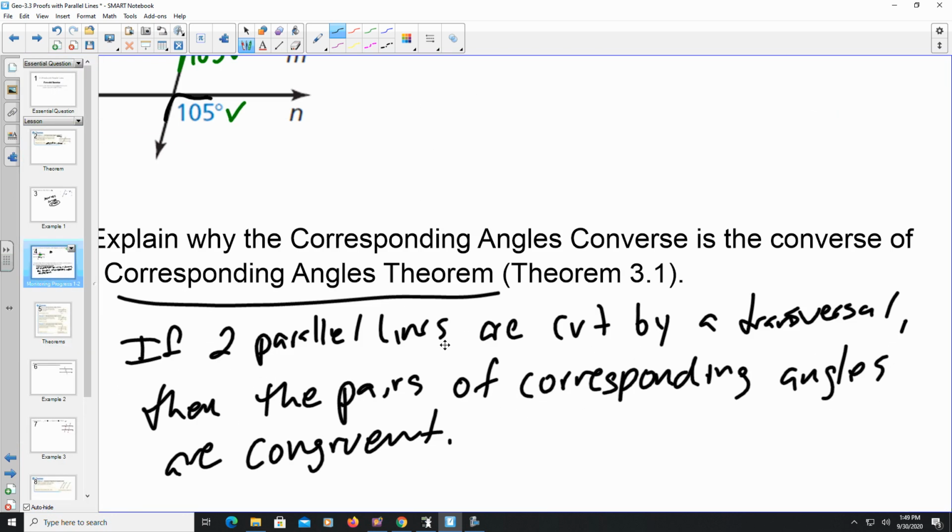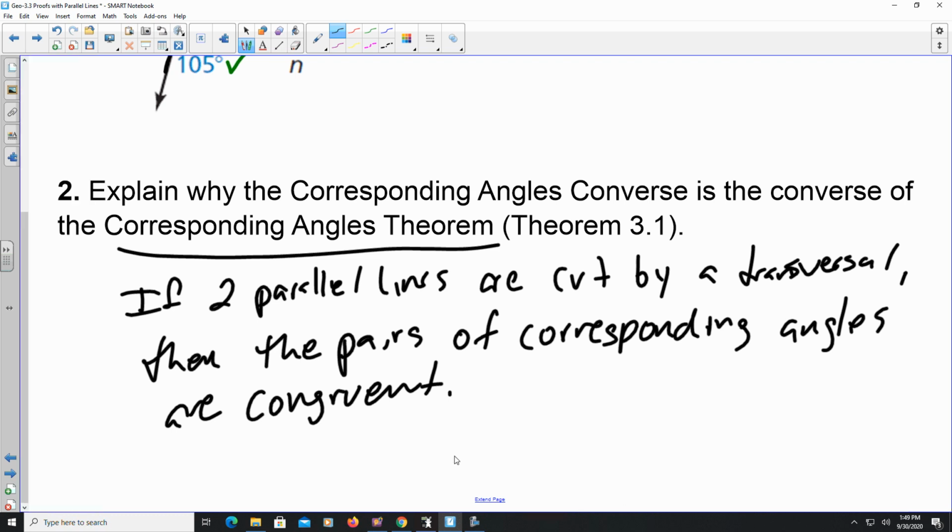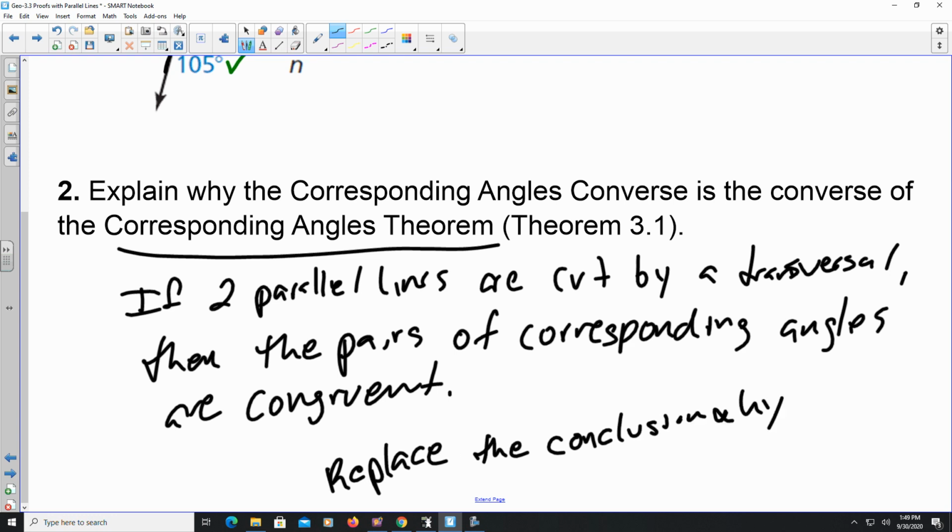So as our explanation, we can say we replace the conclusion and hypothesis and vice versa. That is how you can explain why it is in fact the converse.